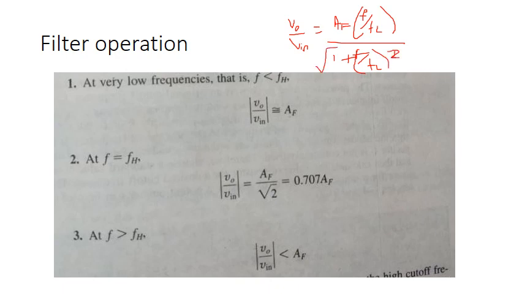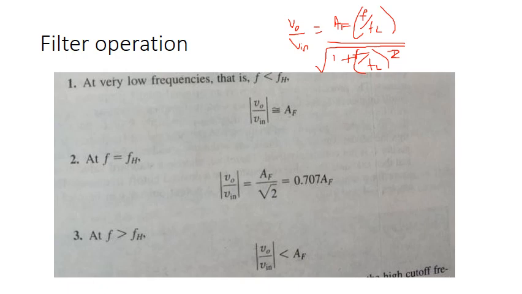So at low frequency, what happens when F is less than FL? This becomes a large quantity. So there will be some value over here. This into F by FL divided by some quantity. So it will be less than AF.